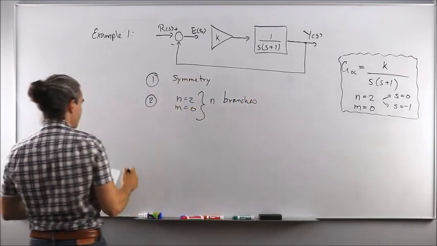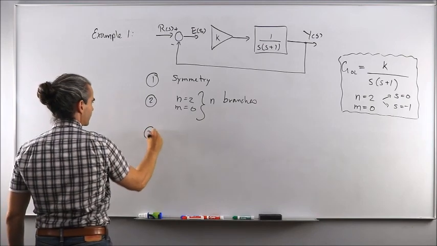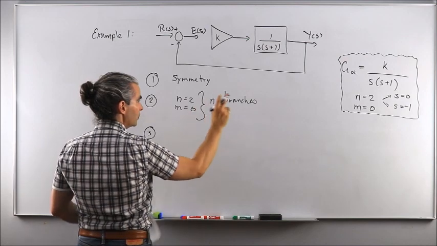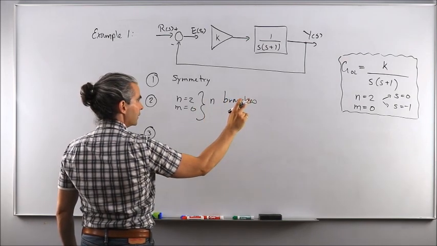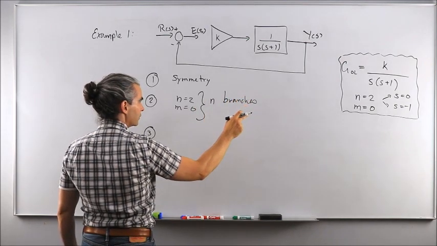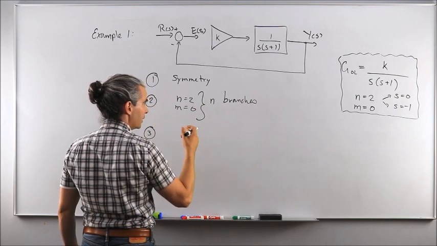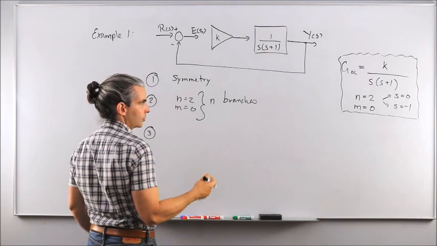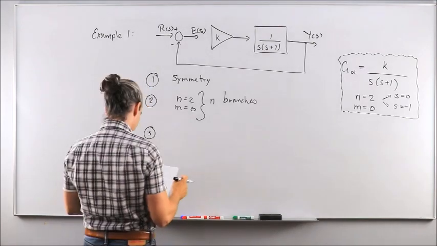Where do they start? Step number 3. Well, they start at the open loop poles, so at 0 and minus 1, and they end up at the zeros. Well, we don't have any zeros, so those 2 poles will end up along asymptotes. Okay?